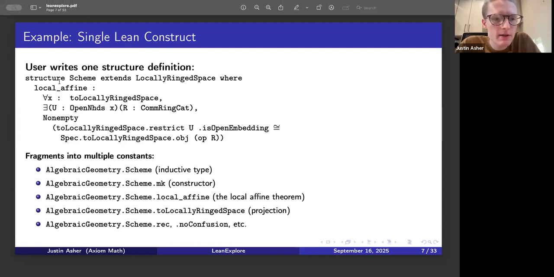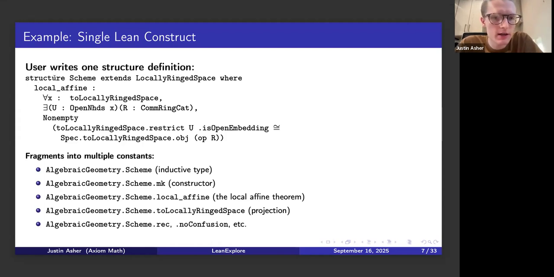When we define a scheme in Lean, which is a structure that extends a locally ringed space, you get the underlying inductive type, which is the scheme. You get the constructor, which is when you try and make a scheme. By the way, a structure is an inductive type with one constructor, for those who are familiar with Lean. You get the local affine theorem, which is how you define a scheme locally, and you get the projection down to locally ringed spaces and so on.